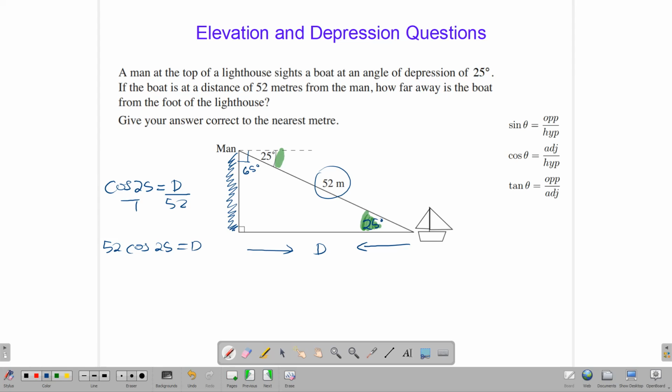And once you punch that into your calculator, remember to put your calculator in degree mode. We end up with 47.13. Of course, the question is going to ask us to correct it to the nearest meter, and therefore d is equal to 47 meters. So that's this question. Moving on to another one.